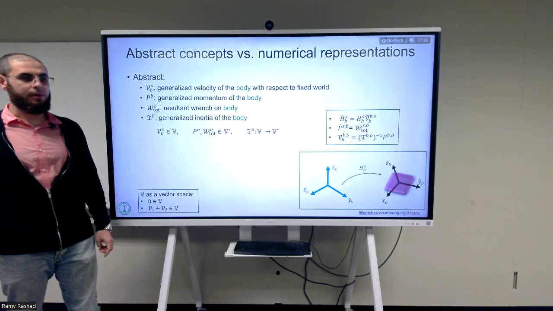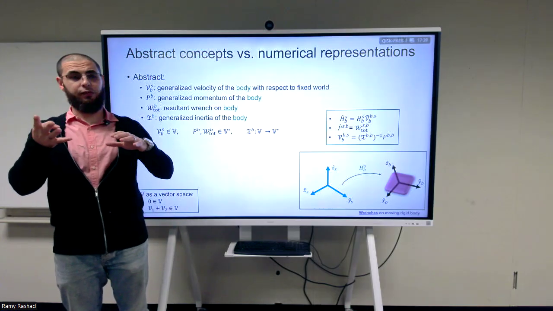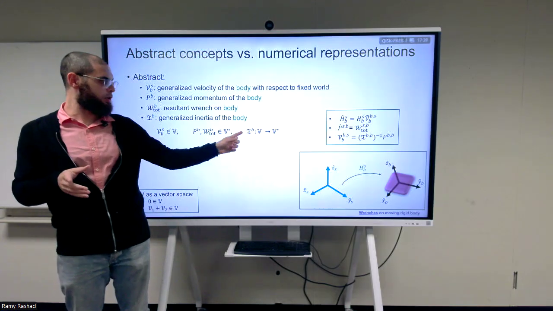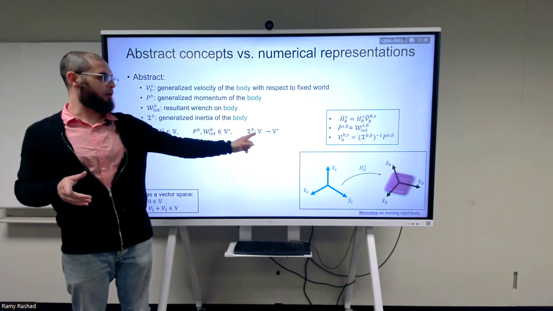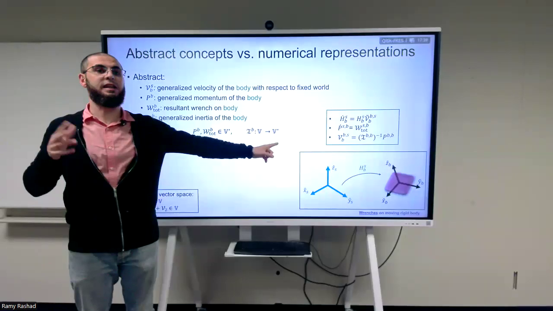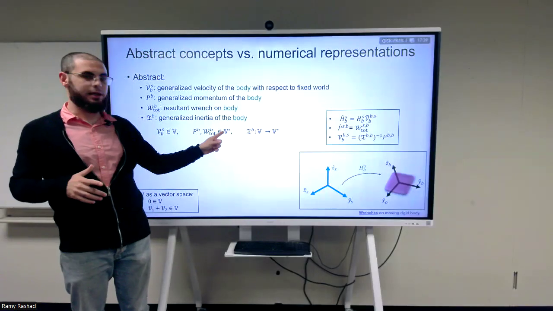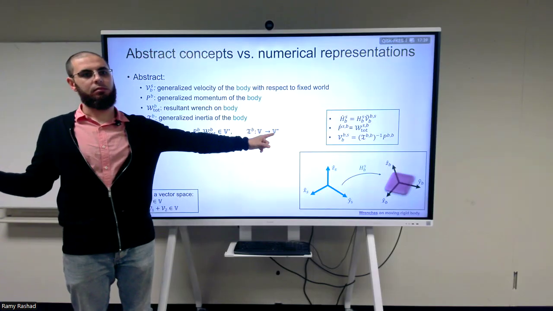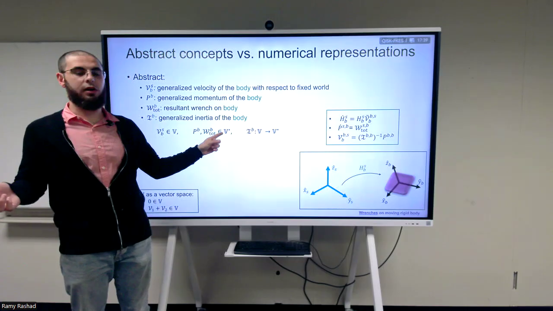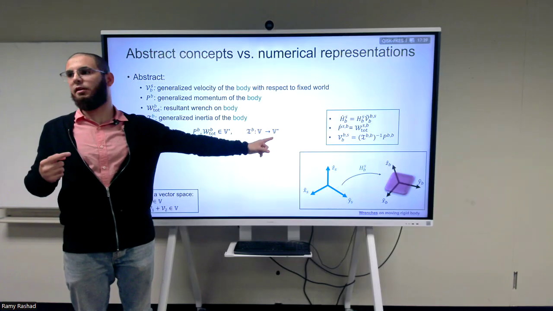Why is it a bilinear map? We said there are actually four types of maps, but only two of them are interesting. One eats a vector and spits out a covector, and another eats a vector and spits out a vector linearly. Of course, both have to be linear. And even the V star itself is a linear map that eats a vector and spits out a number, a scalar, exactly.